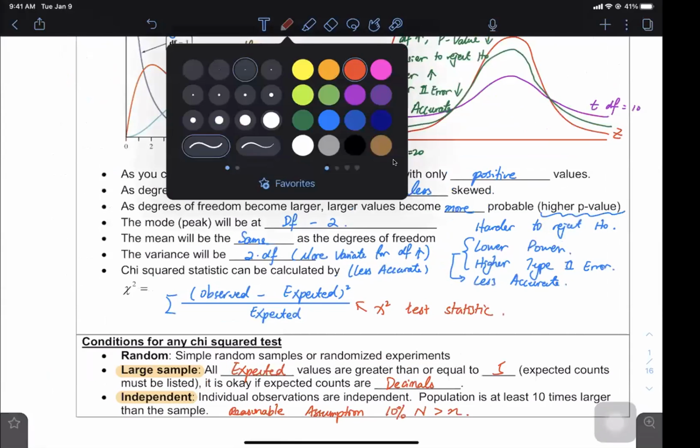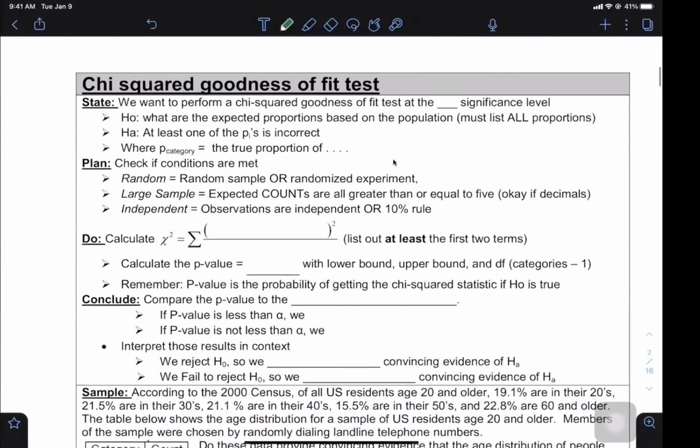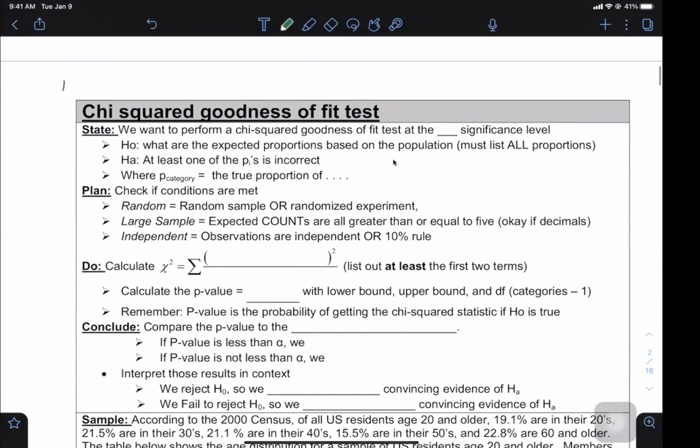Okay, then now let's move on. So now the first test we are going to talk about is the chi-square goodness of fit test.